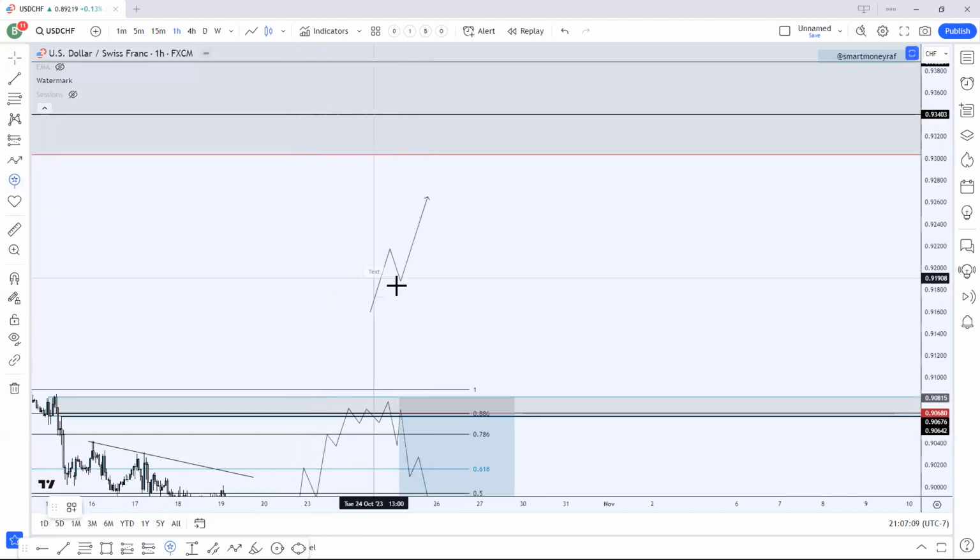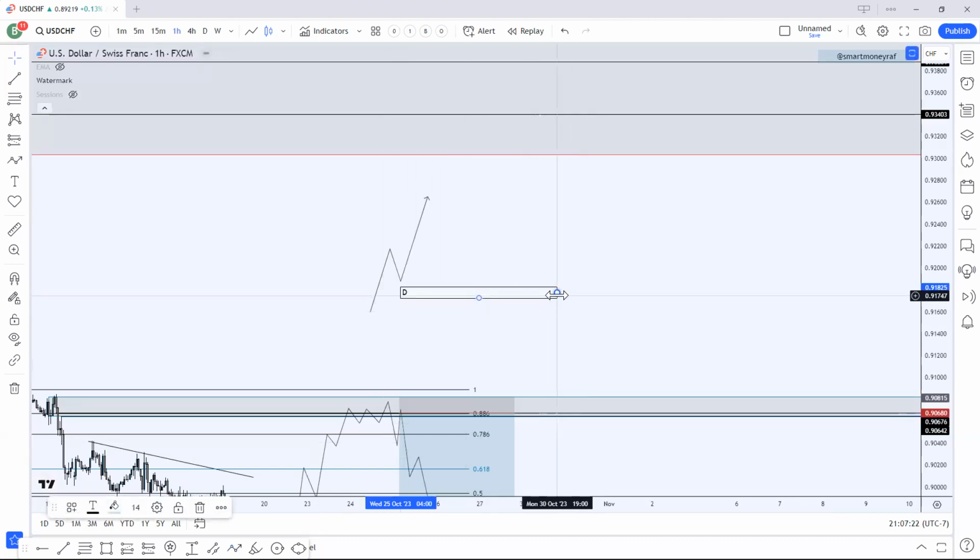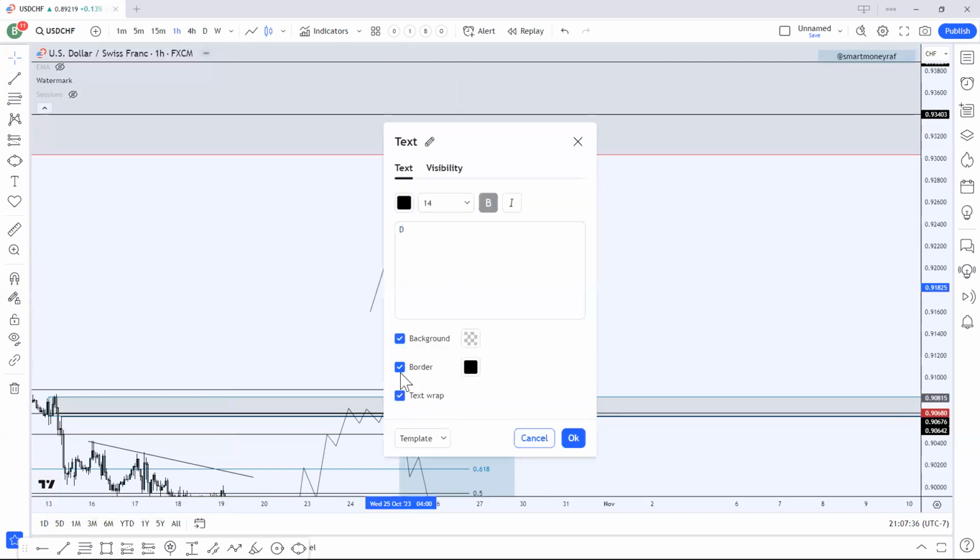So let's just say this was our valid daily level, because what we did is we circled this pullback, and then we used our rules to verify that this is a valid pullback, right? So now it tells us that this is a valid daily level.